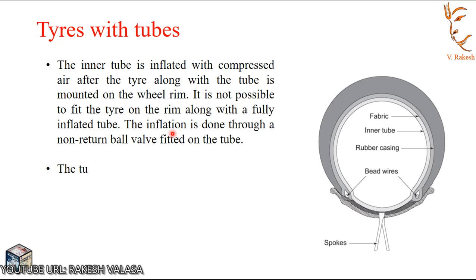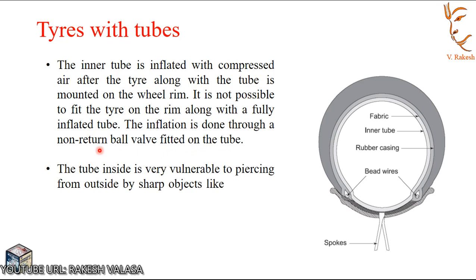The inflation is done through a non-return ball valve fitted on the tube. This valve is not shown in this figure. The tube inside is very vulnerable to piercing from outside by sharp objects like rough cut stones or nails.